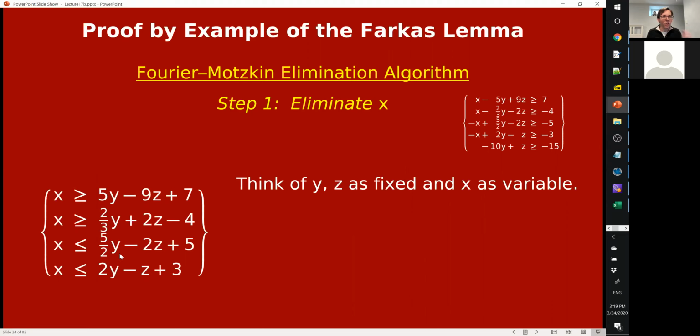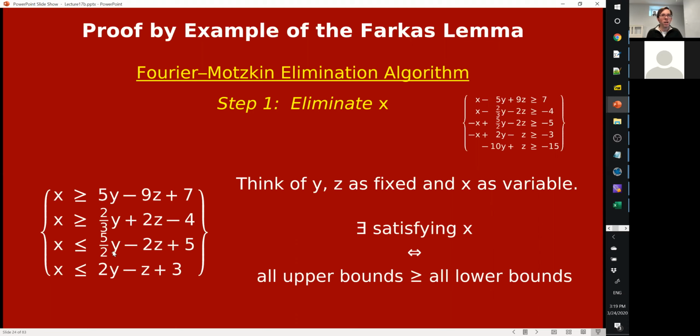And you see, there is an acceptable solution for just the variable x if and only if all the lower bound numbers are smaller than or equal to all the upper bound numbers. So this thing involving x over here on the left has a satisfying x if and only if all the lower bounds are smaller than the upper bounds.